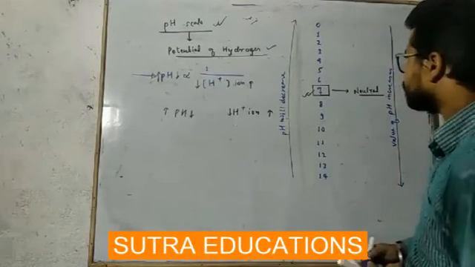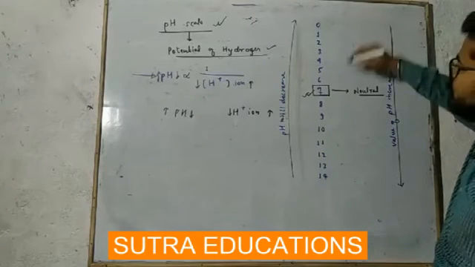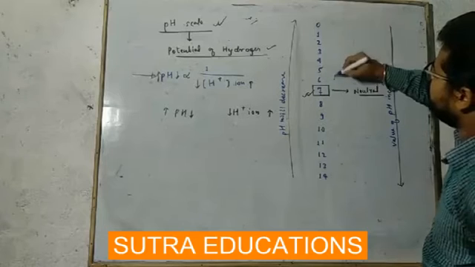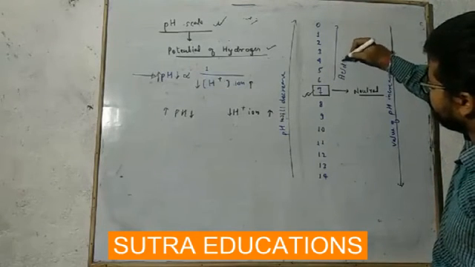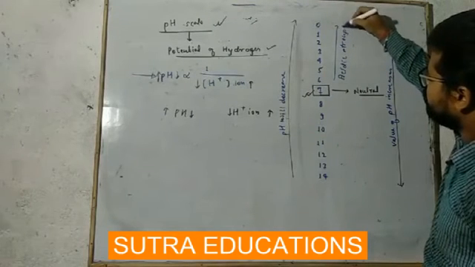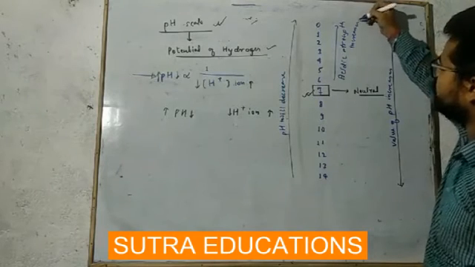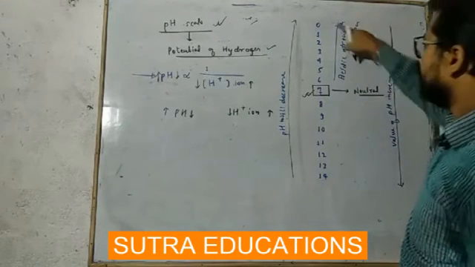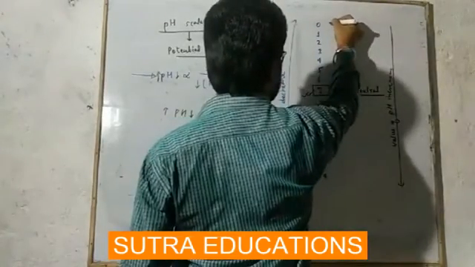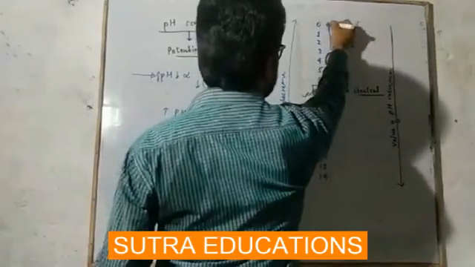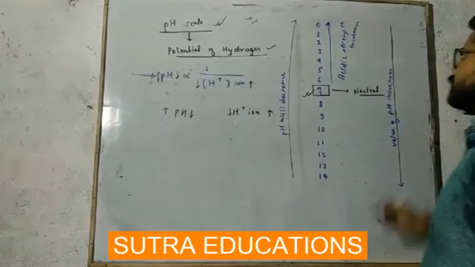And as pH decreases, from 6 to 0, acidic strength increases. If you are going from 6 to 0, then in this case acidic strength is increasing.